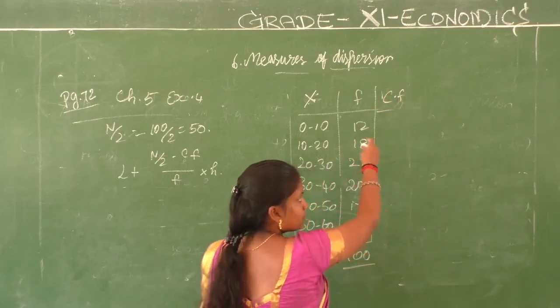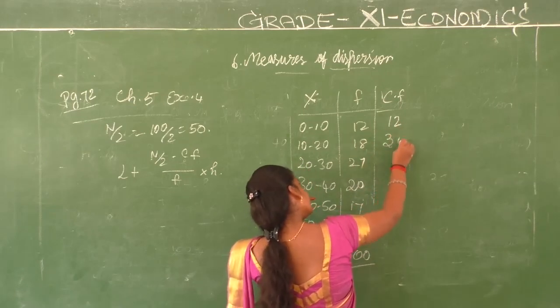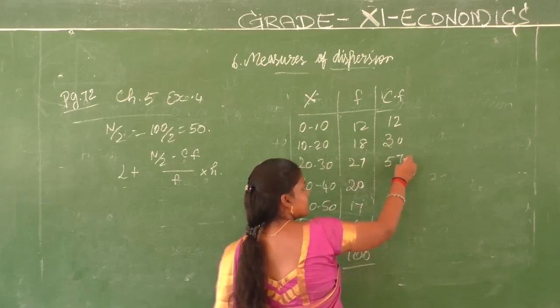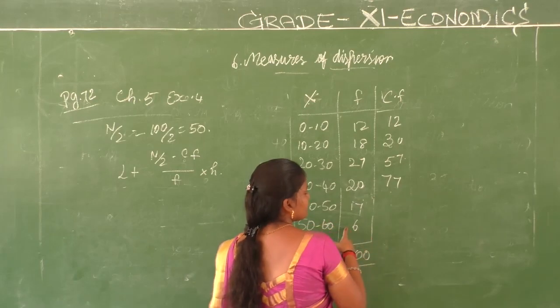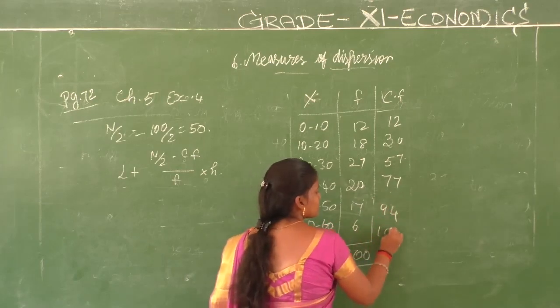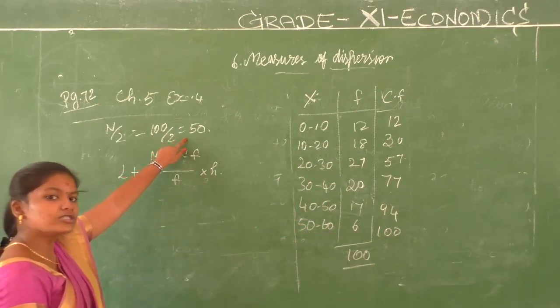What is the cumulative frequency? 12. 12 plus 18, 30. 30 plus 27, 57. 57 plus 20, 77. 77 plus 17, 94. 94 plus 6, 100. What is your value? 50. Which is your median class?